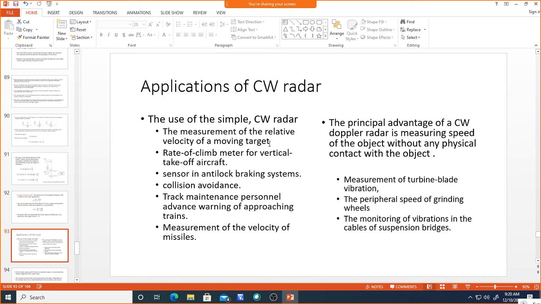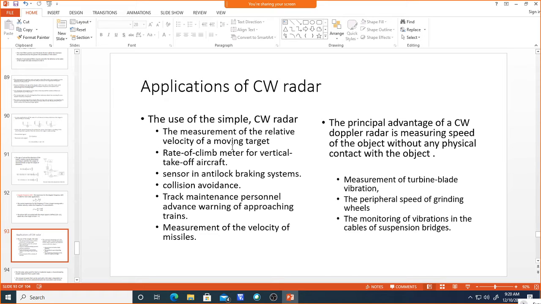And also it is very simple, the moving target, where we can detect some person inside the building. So simply we can see the relative motion of the person who is moving inside the building. Based on that moving, we can measure the range of the person inside the building, and also where exactly he is moving.